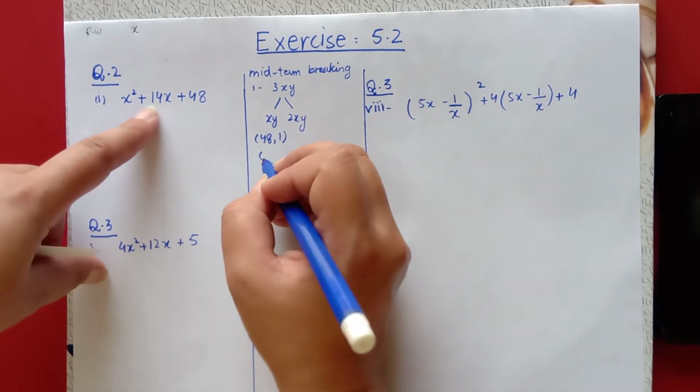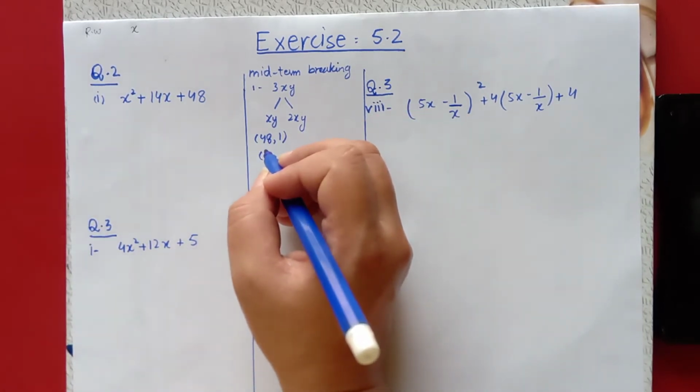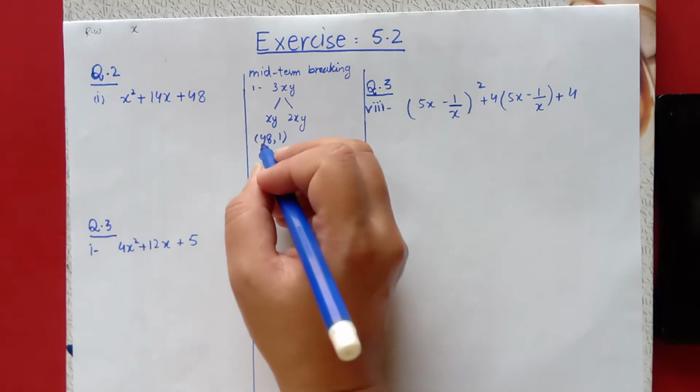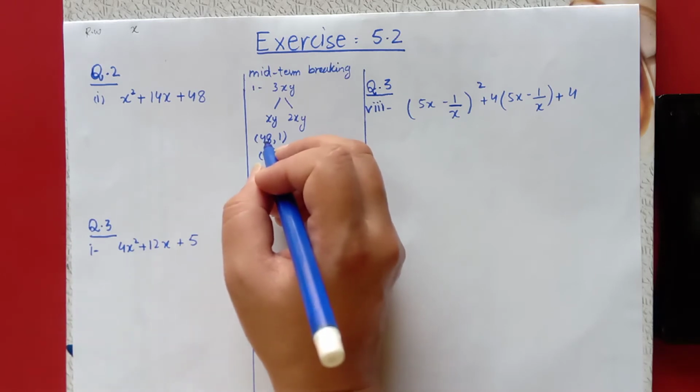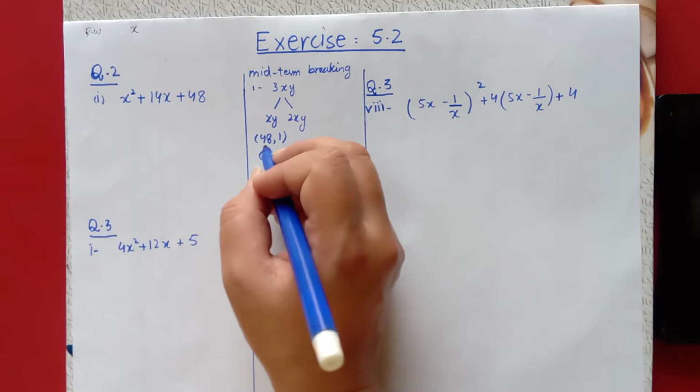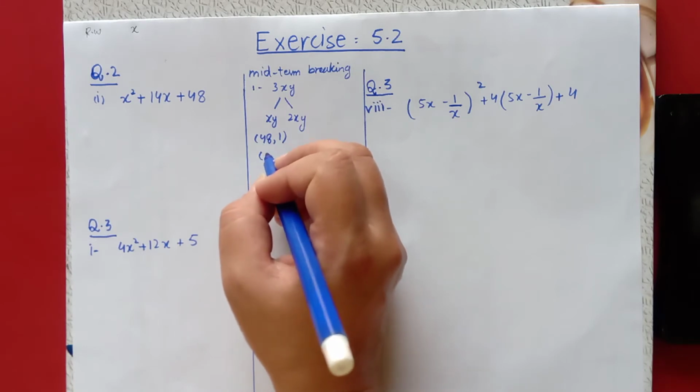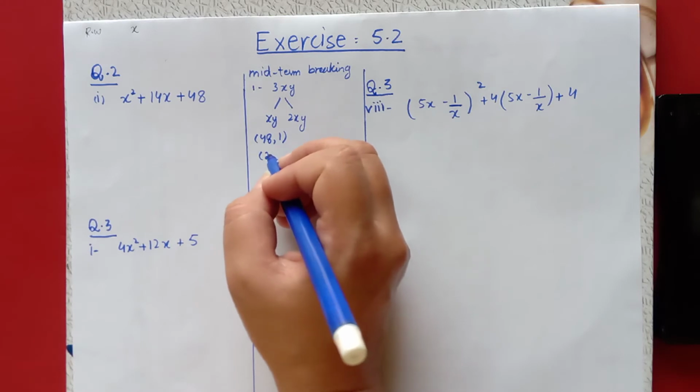Now in the next step, I will divide this number by the smallest number that can divide it. Like let's say 2 can divide it, so firstly I will divide it by 2. So 48 divided by 2 will be 24, as 2 2s are 4 and 2 4s are 8.